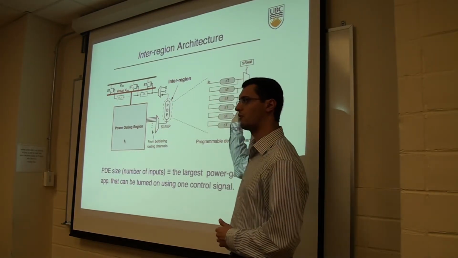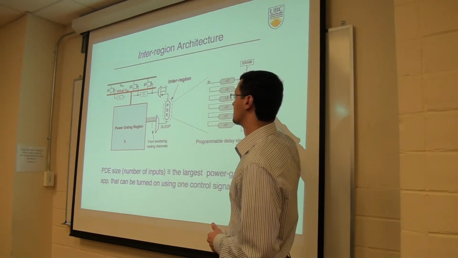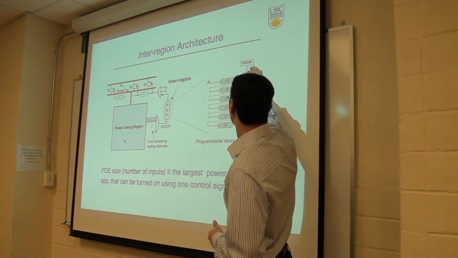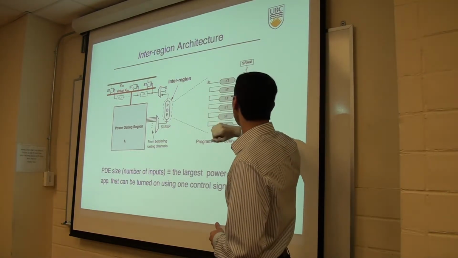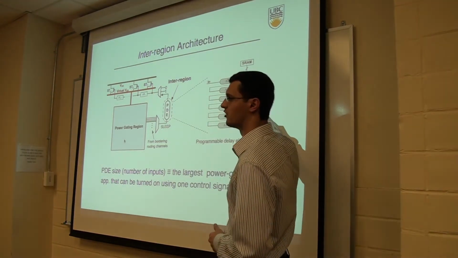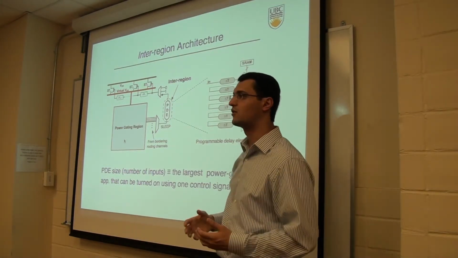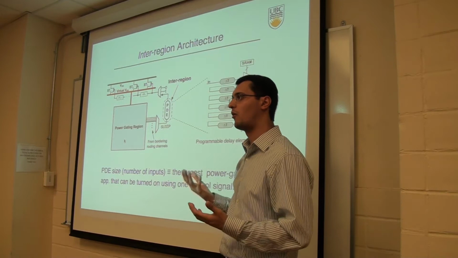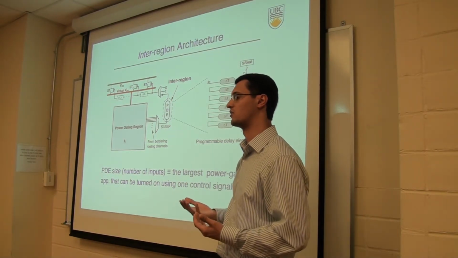It is a multiplexer that has its inputs coming from delay elements. The selection lines of this multiplexer are controlled using configuration bits, which determine how much delay is produced by this programmable delay element. This is done at configuration time, when we know about the application and how much delay each region needs before it is turned on.